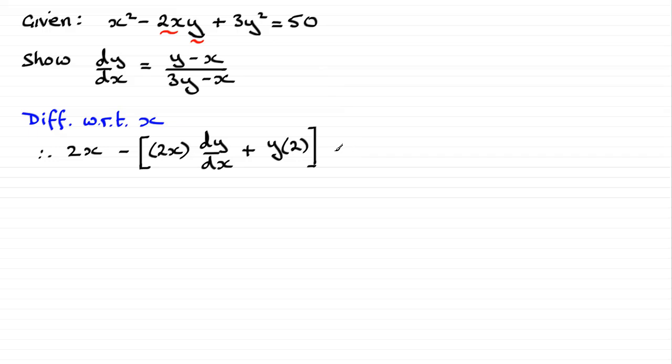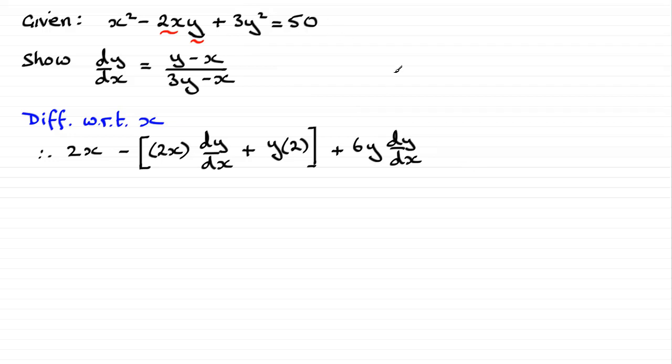Now we come on to differentiating the 3y squared with respect to x. We use implicit differentiation here, and that is to differentiate it with respect to y, which will be 6y, and then we put on the end dy by dx. As I say, I'm assuming you're familiar with this idea of implicit differentiation.